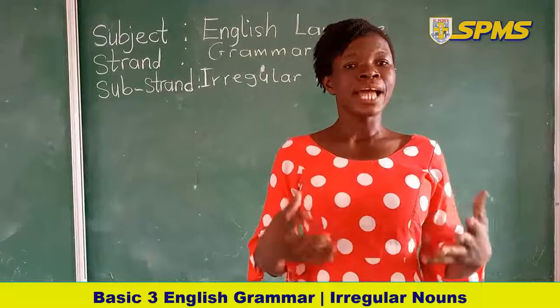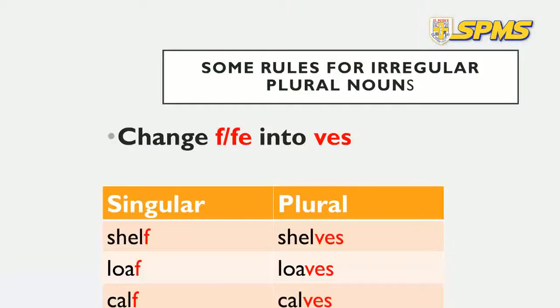The third rule: irregular nouns that end with F or FE, we change the F or the FE to VES. Example: shelf, shelves.